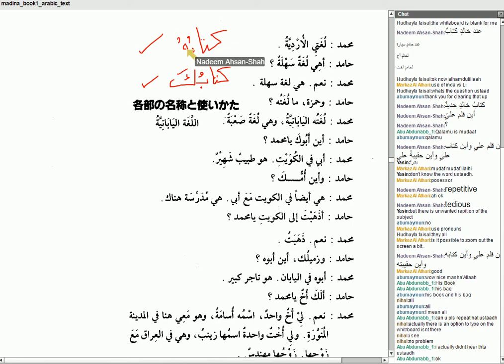Kitabu Aliyin. This is Ali's book. Hada kitabu Aliyin. This is Ali's book. Wahada qalamu Aliyin. This is Ali's pen. Wahadihi haqibatu Aliyin. And this is Ali's bag. So as you know now, you can replace Aliyin in both of those examples with the dhamir hu.